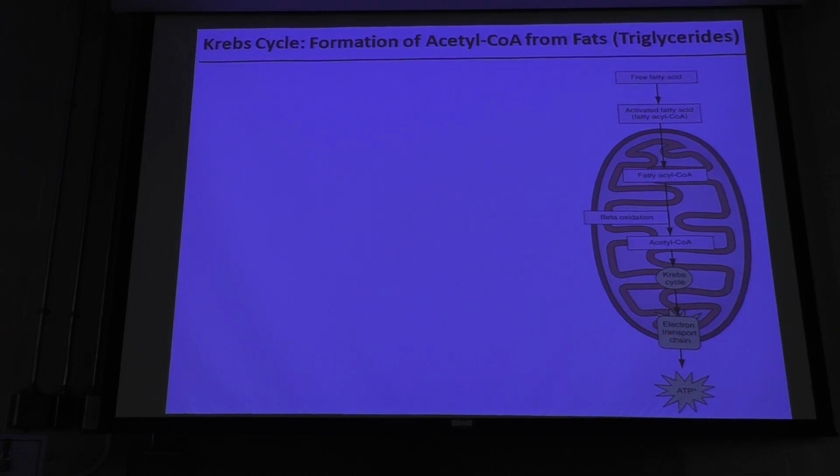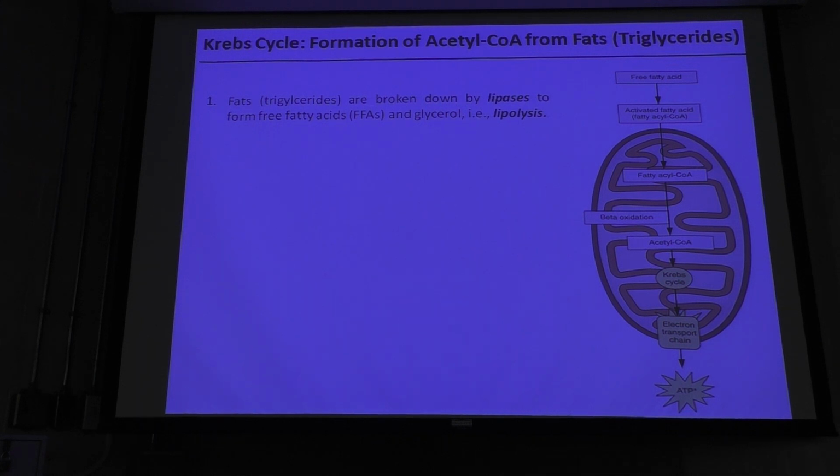So we also have the formation of acetyl-CoA from fats or triglycerides, and this process basically occurs through lipolysis and beta oxidation. So fats that are stored in the muscle, but primarily in adipocytes or fat cells within the body, are broken down by enzymes.